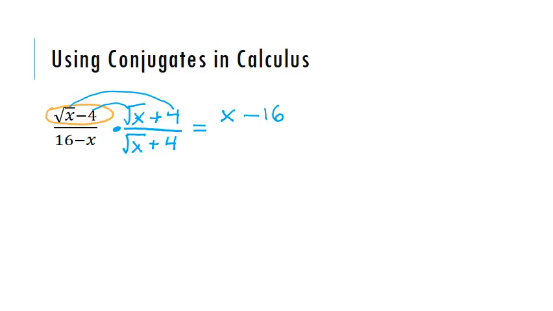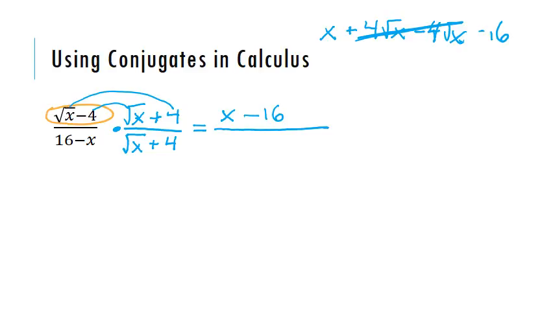Okay, so again, what's happening is you've got root x times root x, plus 4 root x, minus 4 root x, minus 4 times 4 is 16, and those two middle terms cancel out and you're left with just x minus 16 on the top, which is going to work out really conveniently here in a moment.